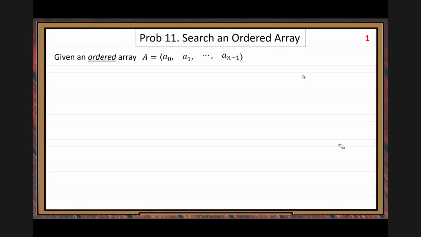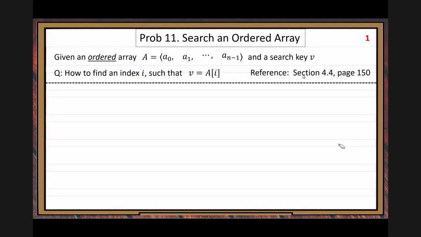So the array notation like this, and search key V. Question: how to find an index I such that V equals A of I? Simple question. The binary search we know is very useful for real-world applications.